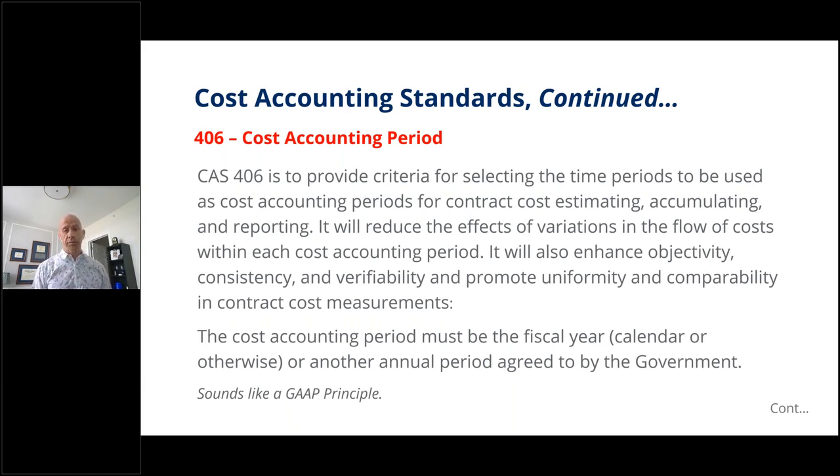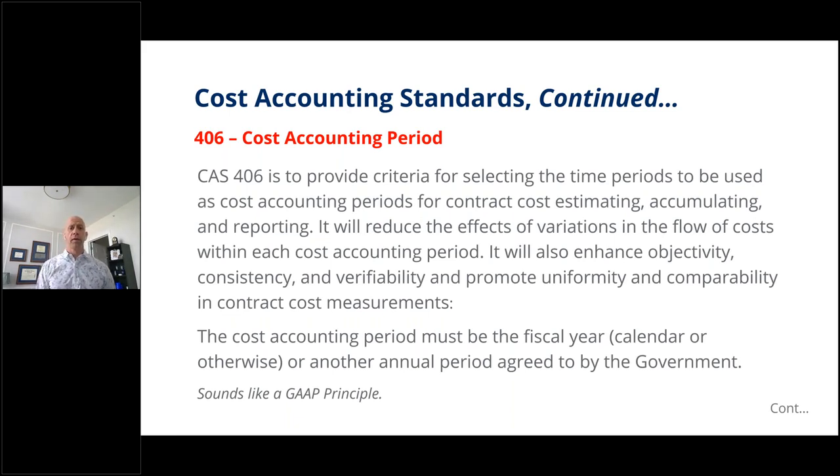So just like for tax purposes, we have clients that elect a fiscal year that is different than the calendar year, and that is perfectly acceptable for government contracts. In fact, there are a number of large government contractors, and maybe even some smaller ones out there, that choose to align their fiscal years with the government's fiscal year being October 1st to September 30th. It's not a requirement, but they can do that.